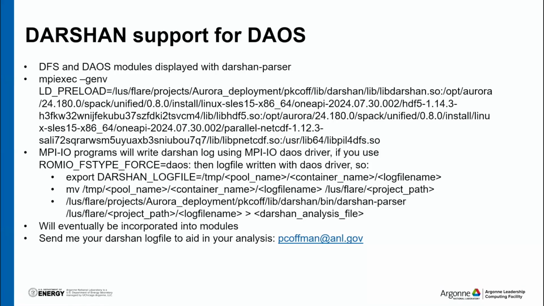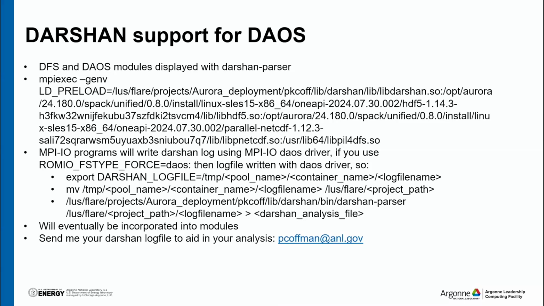And the one caveat to doing this, if you're using MPI-IO, is that if you use the ROMIO_FS_TYPE_FORCE option to tell MPI-IO to write everything with the DAOS driver, Darshan's going to use that as well. So you have to put your Darshan log file in your fuse mount in order for Darshan to work.